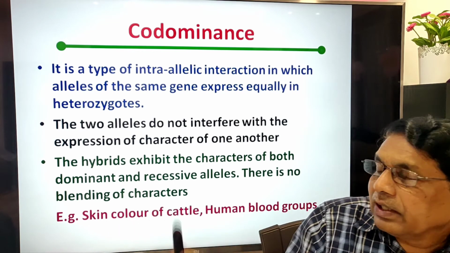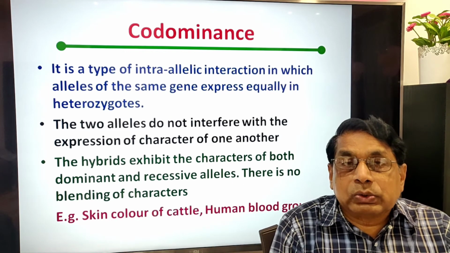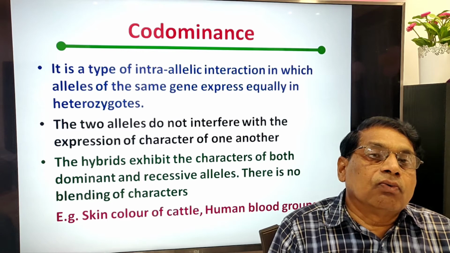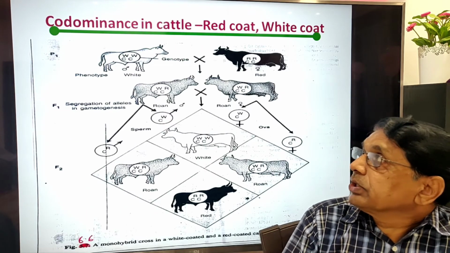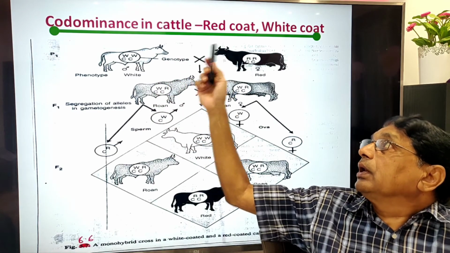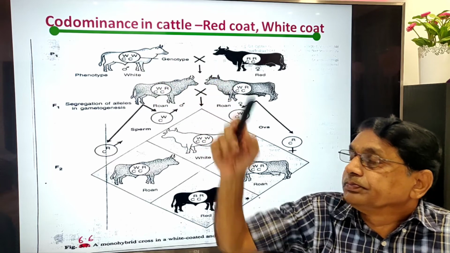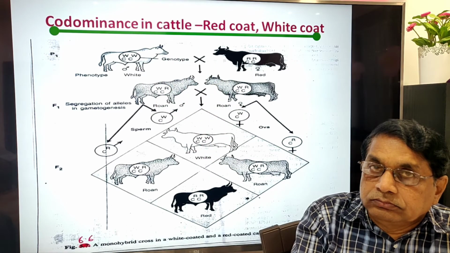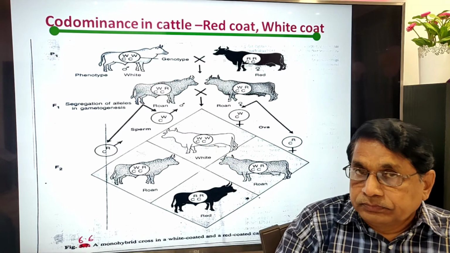Skin color in cattle and human blood groups are the two best examples for codominance. This is codominance in cattle, a red coat and a white coat. They have crossed these red and white skin colors.